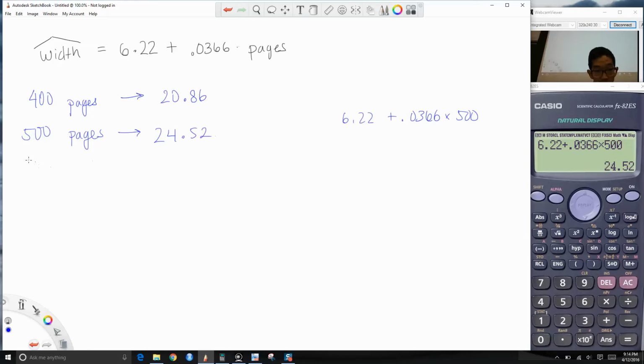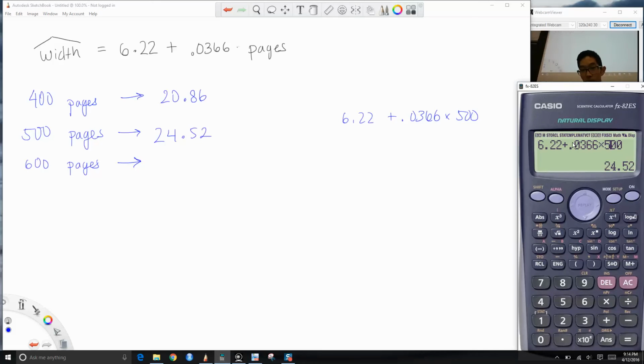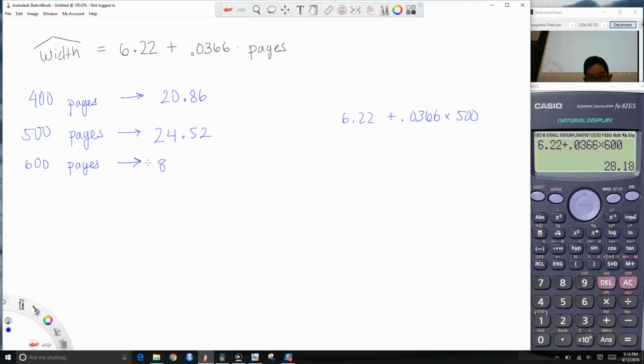All right, what about 600 pages? 28.18. All right, so do me another favor and tell me how much your prediction changed between the 400-page book and the 500-page book, and how much it changed from 500 to 600 pages.